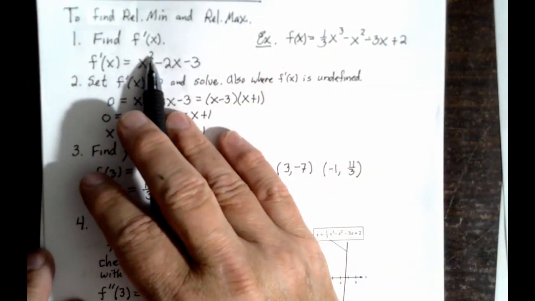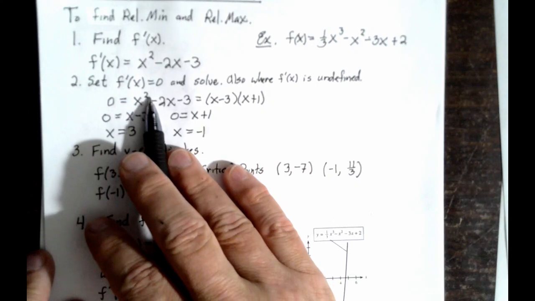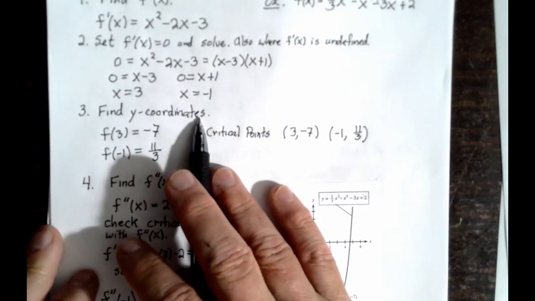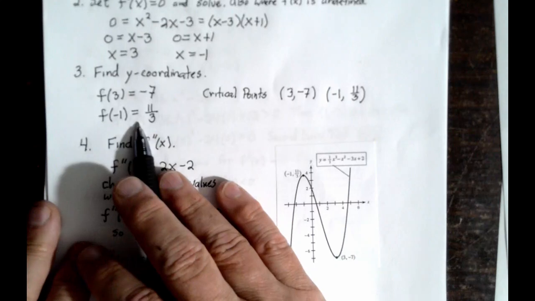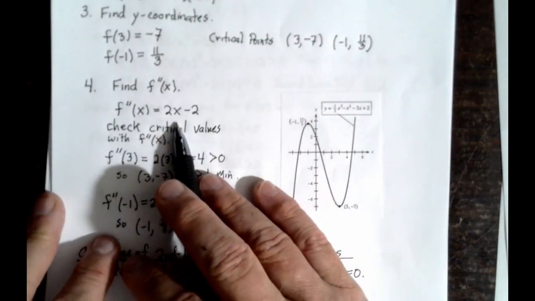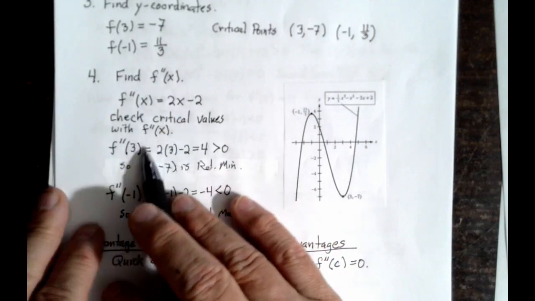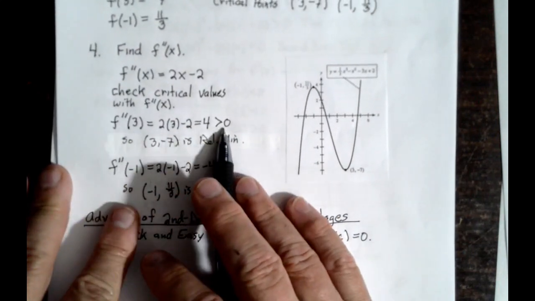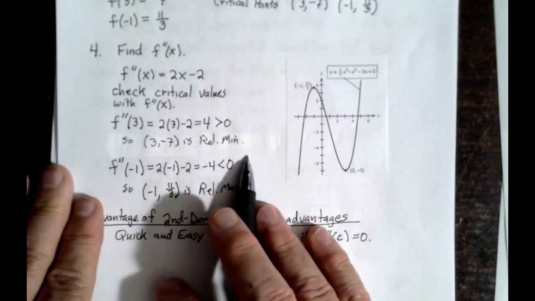So you take the first derivative, set it equal to 0, solve. Those are your critical values. You plug them into the original function. Now you got your critical points. Now you take those x values and plug them into the second derivative. And if you get a positive for the second derivative, then you know it has a relative min.